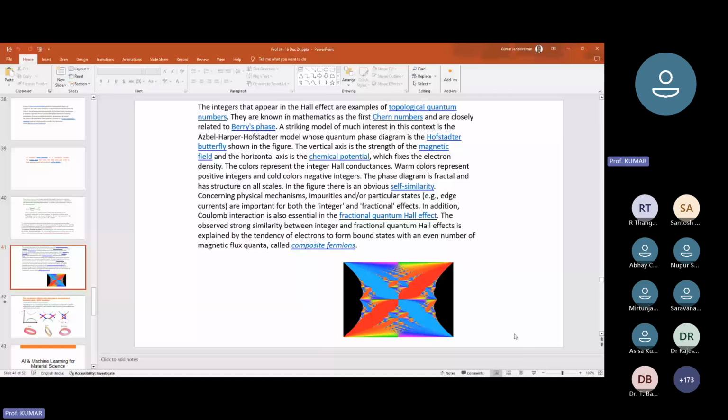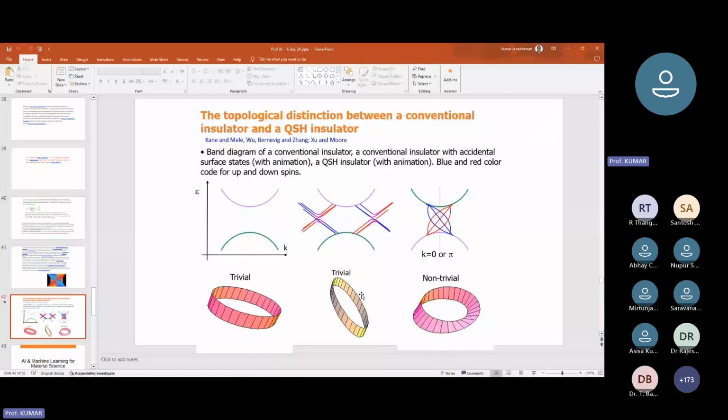So this is defined by what is known as a Chern number, and these are known as Berry space. I'm just giving you some names. If you are interested, you can understand it in detail. So basically, the distinction between a conventional insulator and a so-called quantum spin Hall insulator is this.